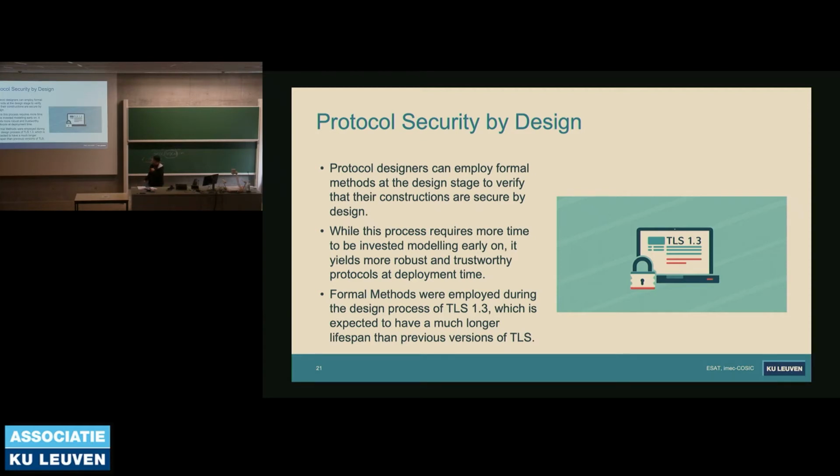There were a lot of bugs being found progressively with previous versions of TLS, like 1.1, 1.2, and now we're at 1.3. So the designers decided that they were going to employ formal methods in the design process and try to rule out classes of bugs using these tools. And then we can expect that our protocol will have a much longer lifespan because of the guarantees that can be provided by formal methods.